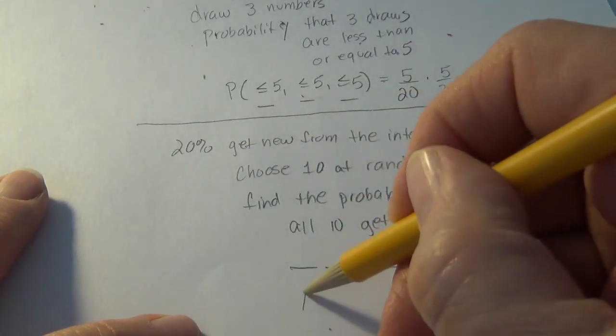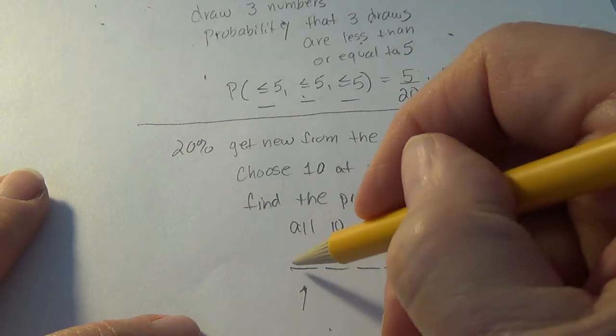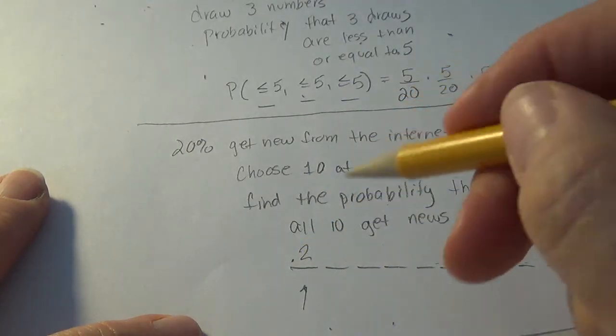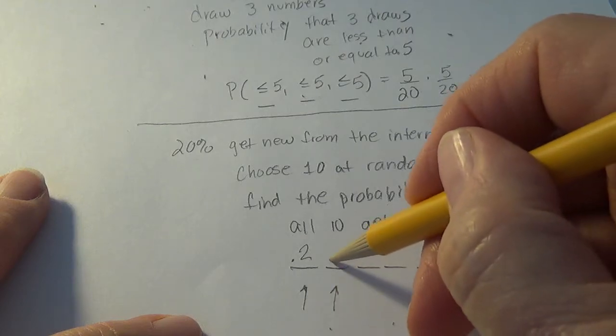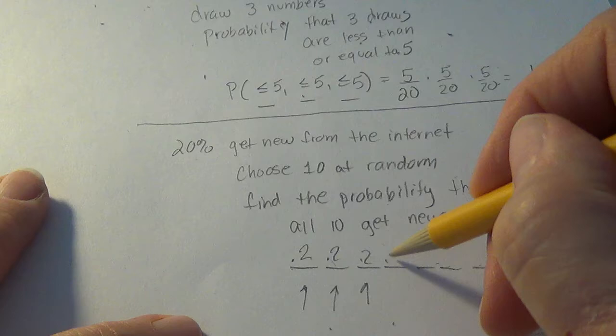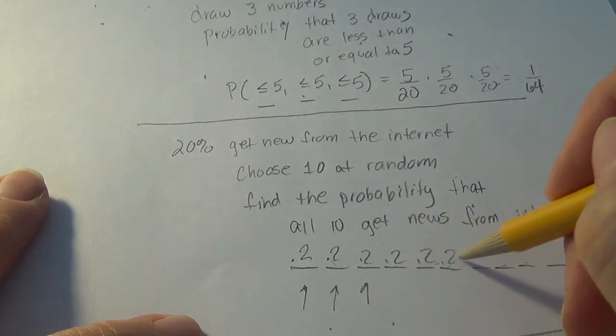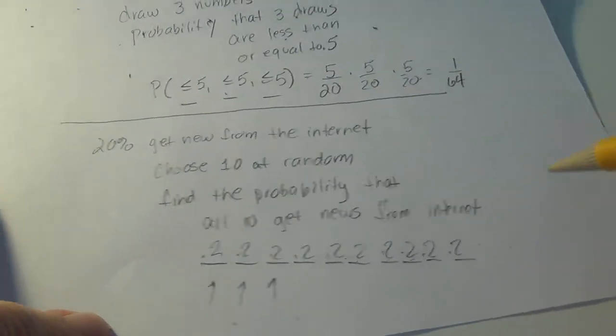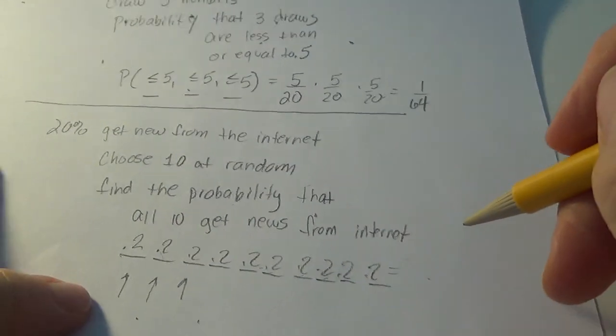So what's the probability that the first person gets their news from the internet? And the second. It's not affected by the first, and the third and so on. So what do I do with all those numbers? Multiply.